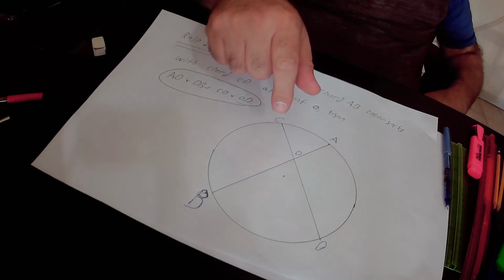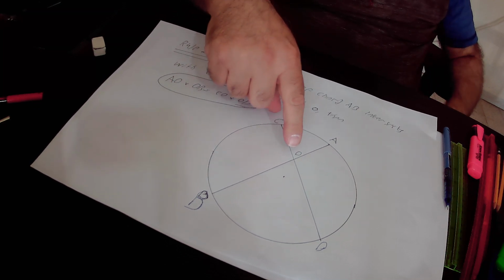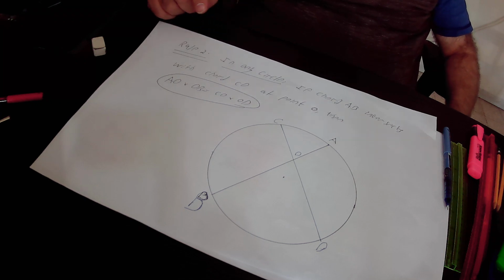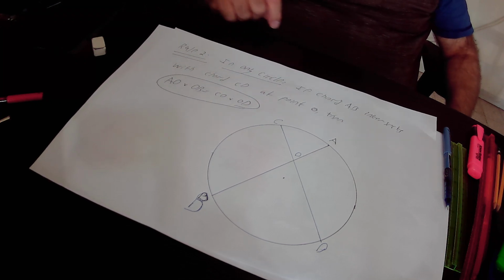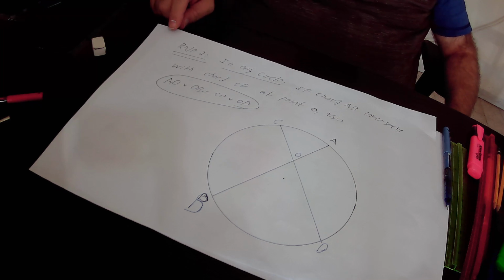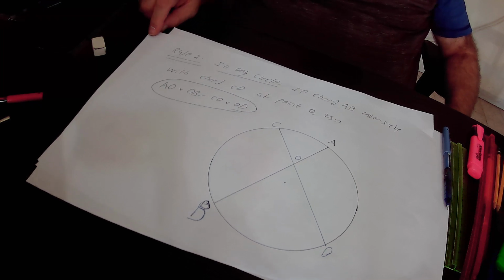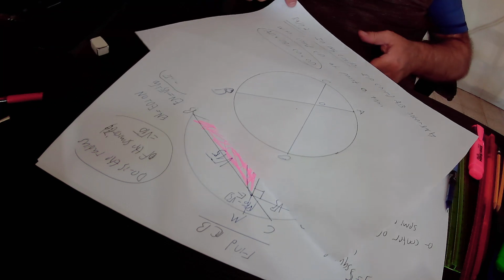Again, AO times OB equals CO times OD. So we can implement rule number 2 in our drawing.